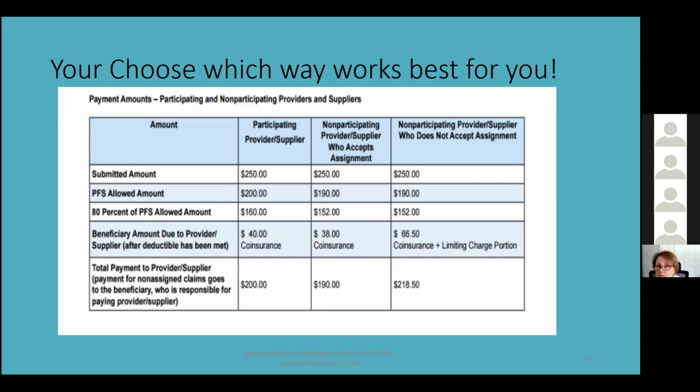When you do non-participating, you really have no obligation to wait for the money. The only obligation you have is to make sure the patient understands that they will get the check back. They sign a form understanding they will wait for their own payment and that they are responsible for paying you.